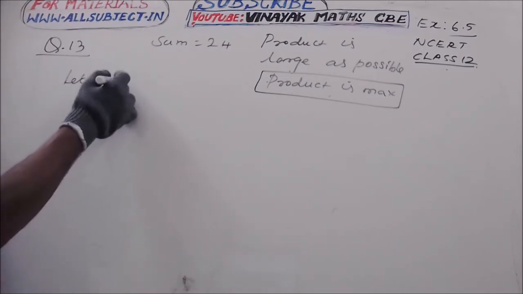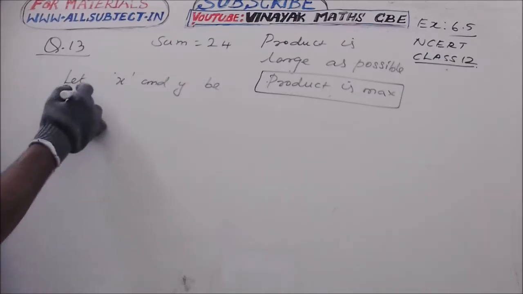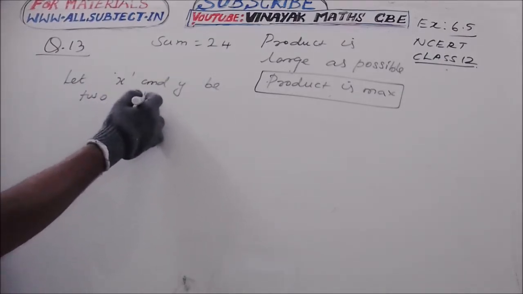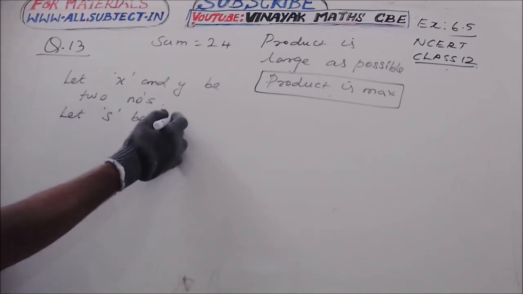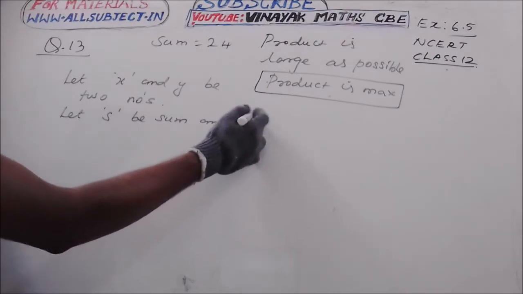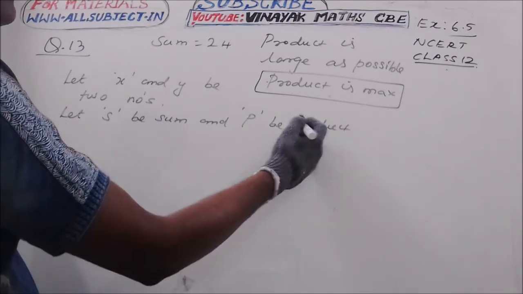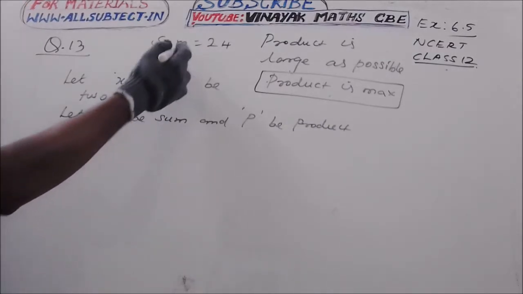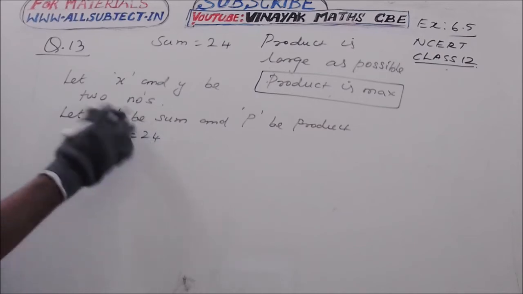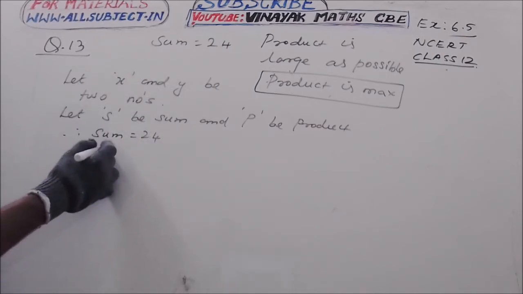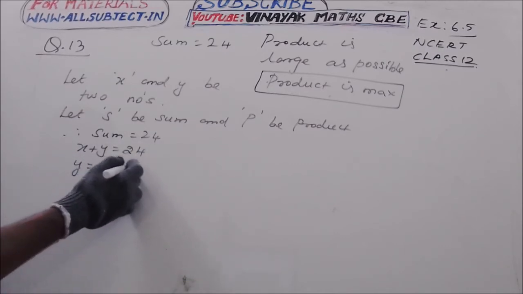Let x and y be the two numbers, let s be the sum and p be the product. Given sum equal to 24, x plus y equal to 24, which implies y equal to 24 minus x.